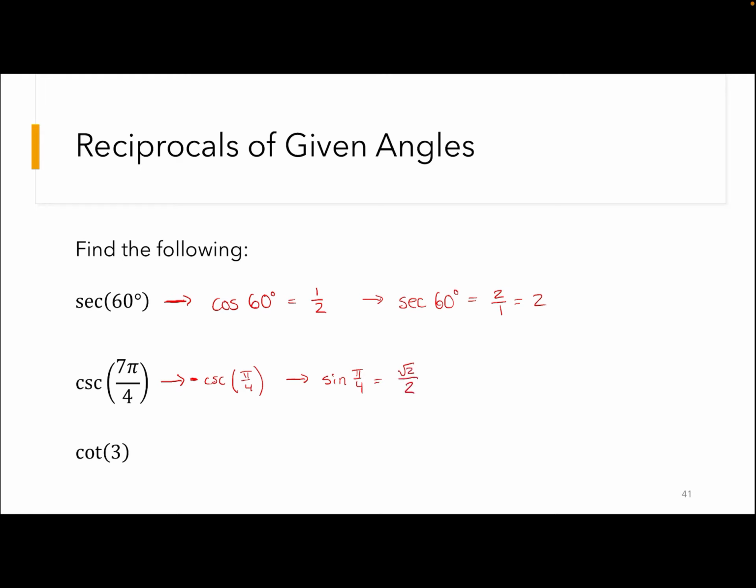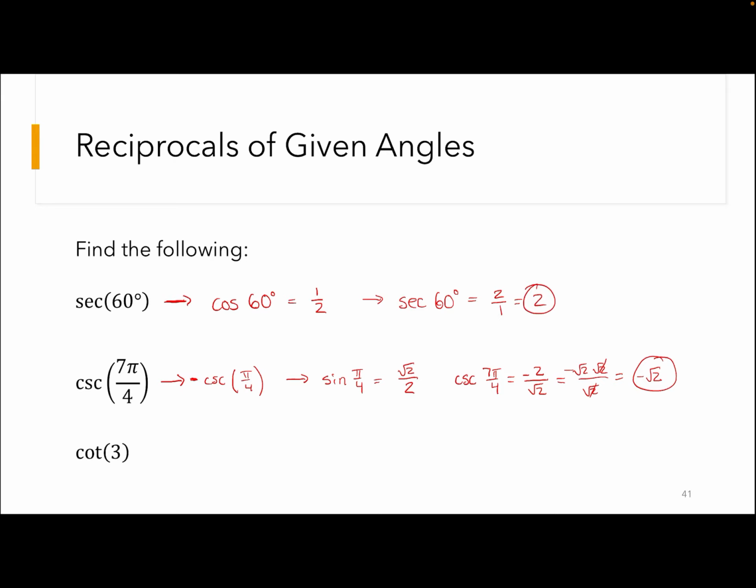And since cosecant is negative in quadrant 4, we know the cosecant of 7π/4 is -2 divided by the square root of 2. Now 2 is just the square root of 2 times the square root of 2, so when we divide by the square root of 2, one of these square roots of 2 cancels, and we just get negative square root 2.